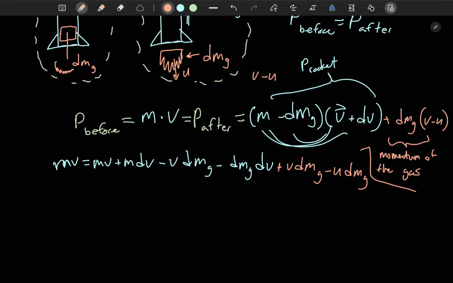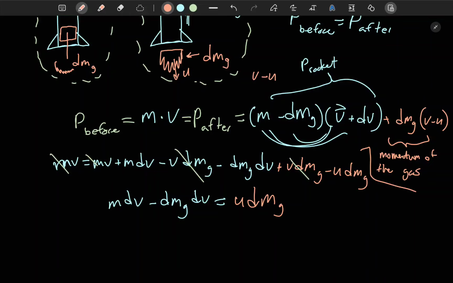From here, we can do all of our canceling business. Notice how these two will right off the bat cancel, and then these two will right off the bat cancel. This gives us something that looks like m dv minus dmg dv is equal to u dmg.